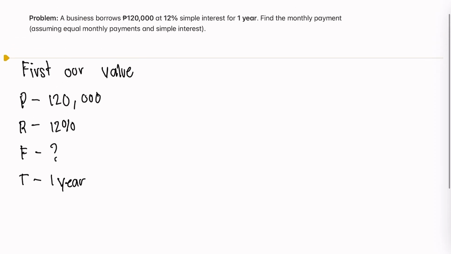Let's move on to step 1. Step 1 is finding the interest. First, we should change our 12% to a decimal.